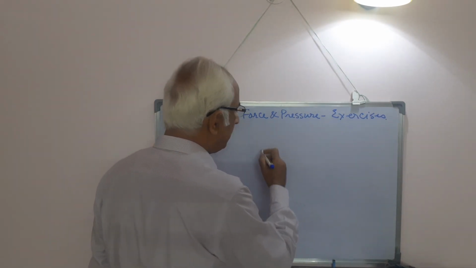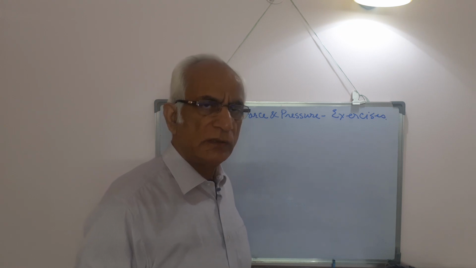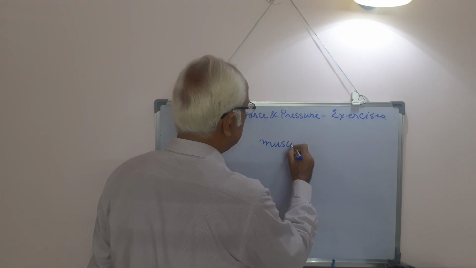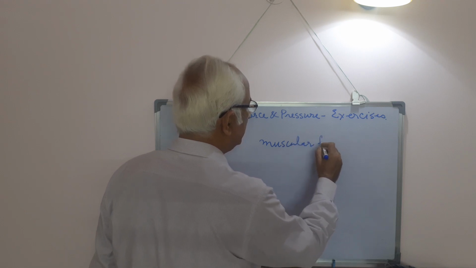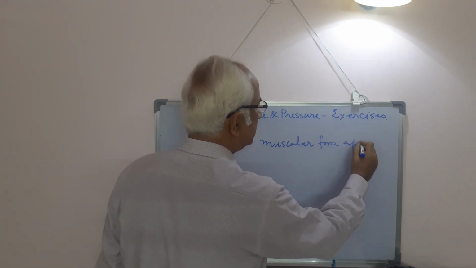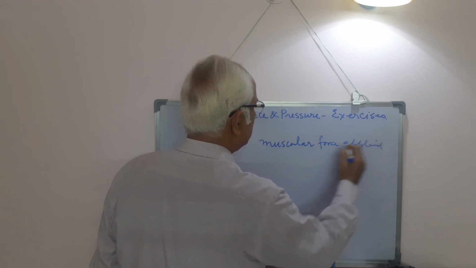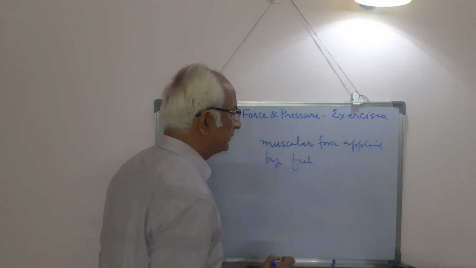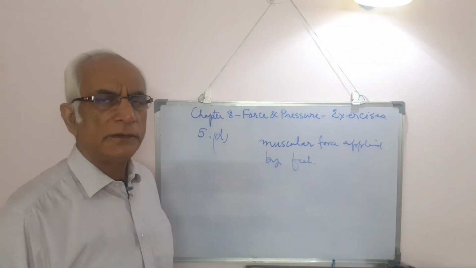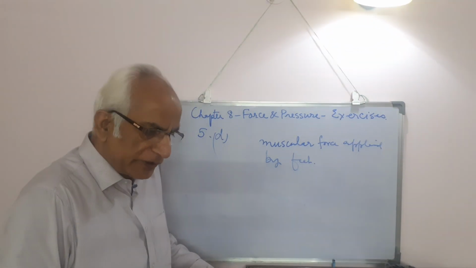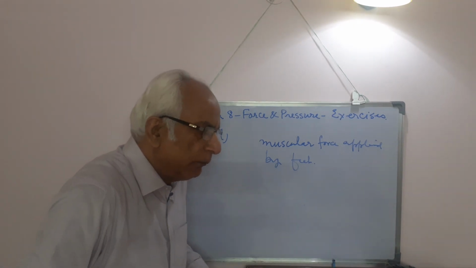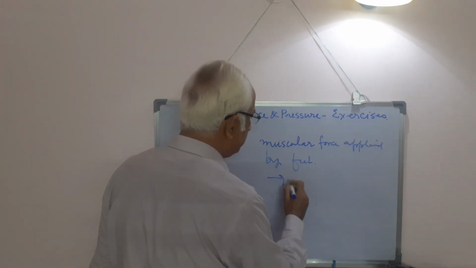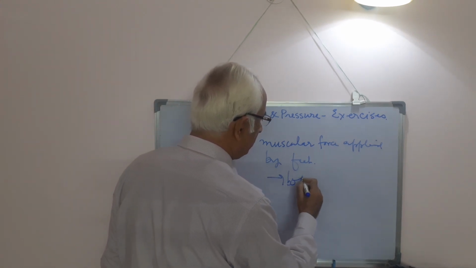So he applies force with his feet, muscular force applied by feet. And this force is applied on his complete body. His body will move up. Whole body will move up. So object is body. His body will move up.